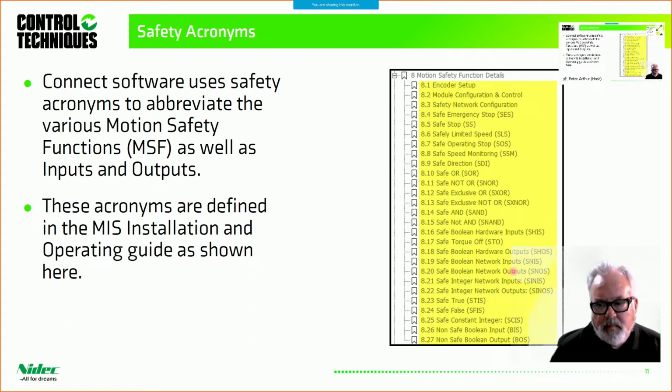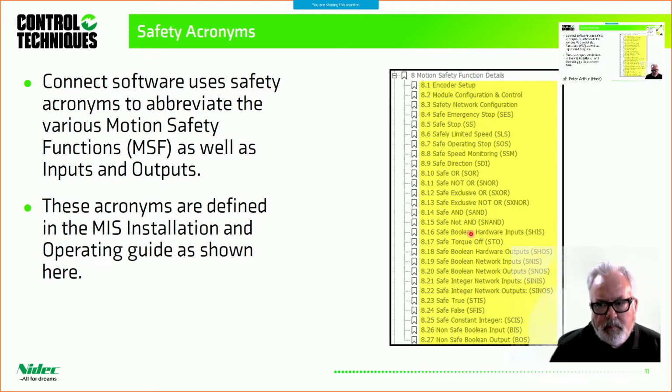All right. So one thing I do want to point out, we're going to be using these quite a bit. Your safe network input and safe network output, we're not using those, but what I'm looking at is safe Boolean hardware outputs, SHOS. There are two of those on the module, and I'm going to be using one of those.